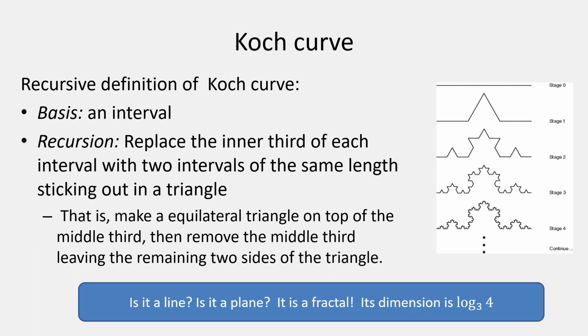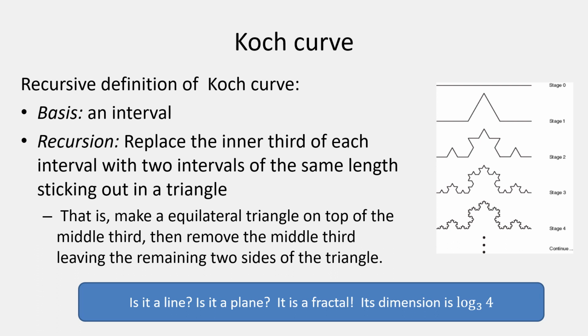Something very cool about the Koch curve and a lot of other fractals is this. If I show you a line and I ask how many dimensions it has, you say, well, it's a line, it's a one-dimensional object. Maybe if I show you a picture on the second stage, you say, well, it's 4 pieces of a line, it's a one-dimensional object.